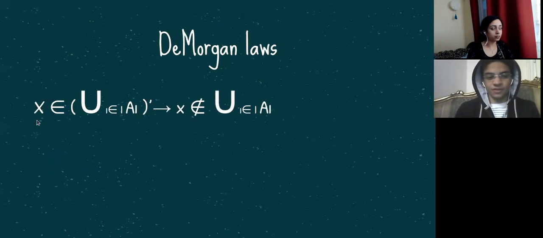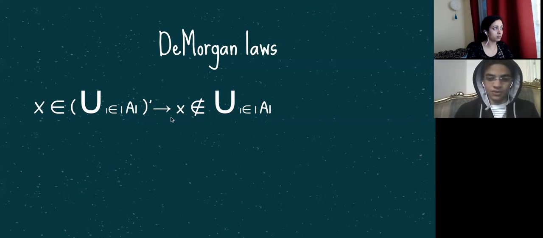So first, if I have x belongs to the union, all dash. In order to solve this kind of proof problem, you can think of it in two ways: just plugging in the definition, or you can ask, what is this telling me? So when I say that x belongs to whatever class is here, dash, this is telling me that x does not belong to this class.